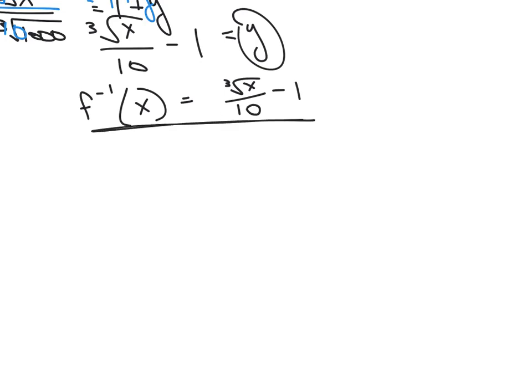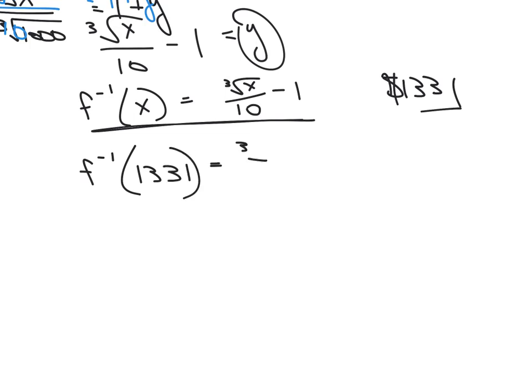And B says, use the inverse function, which I just found, to find the interest rate that gives a future value of $1,331. So $1,331 is my X value, so I'm going to replace X with it.